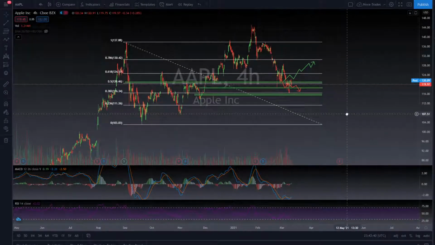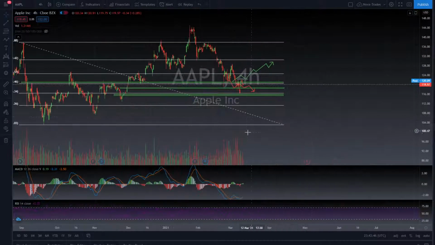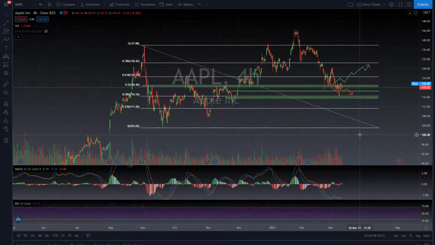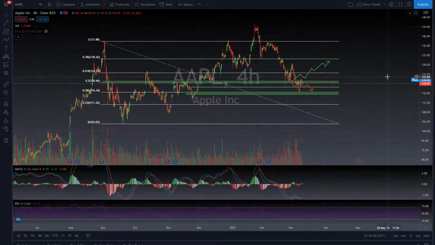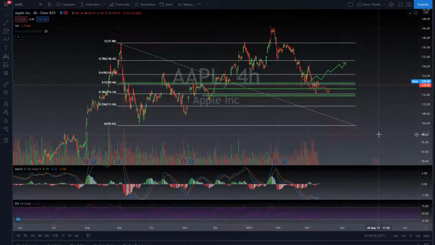Apple though, I personally see Apple couldn't hold above 120 today at close. It jumped over 120 after hours. The thing with Apple though is Apple's the number one holding in SPY, the Qs. If you're bearish on Apple, then there's a high likelihood that the market itself is also going to be somewhat bearish, if that makes sense.